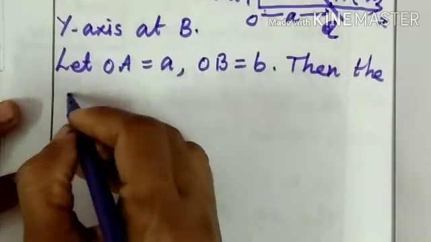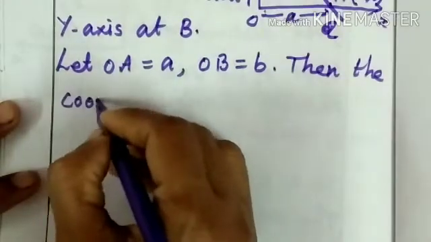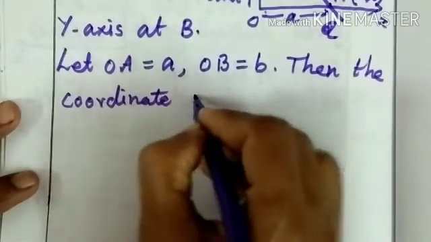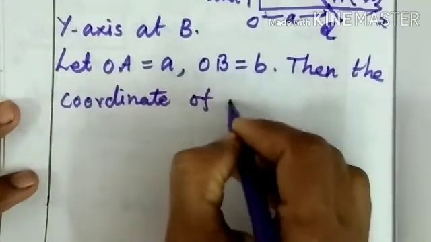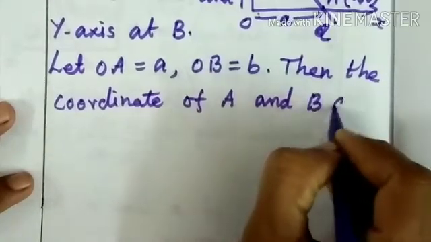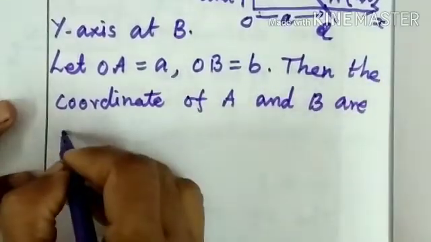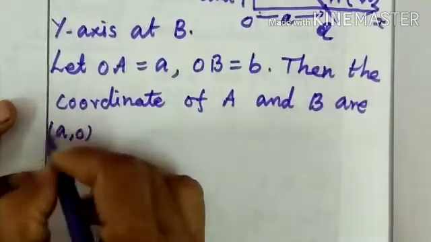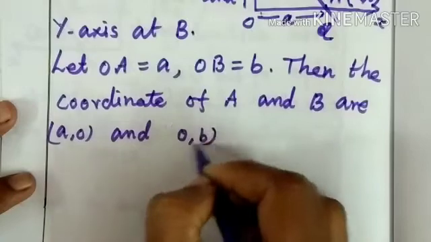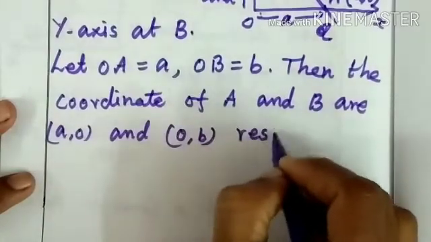Then the coordinates of A and B are a comma 0 and 0 comma b respectively.